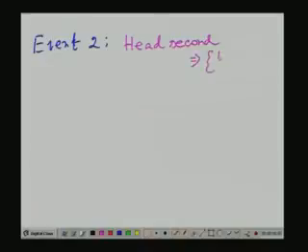Similarly, we now consider the second event, event 2, head second, meaning TH or again HH.